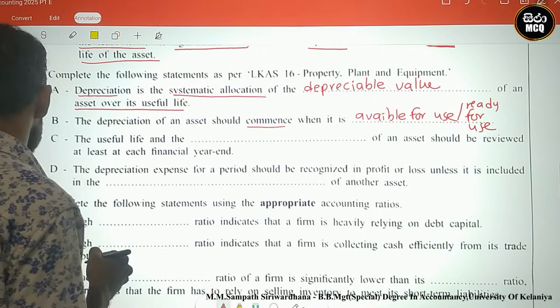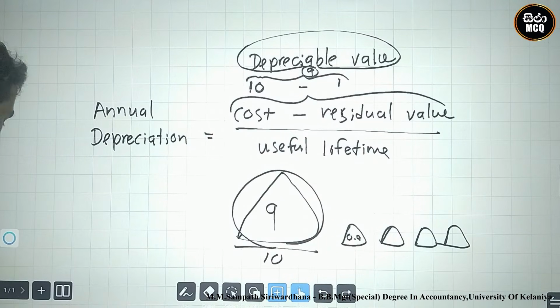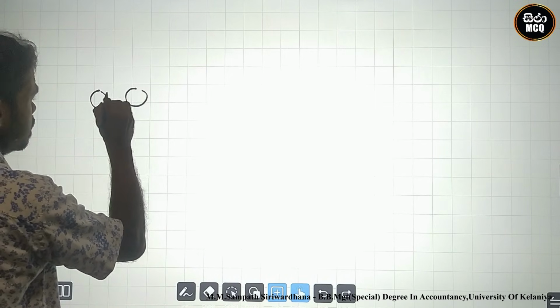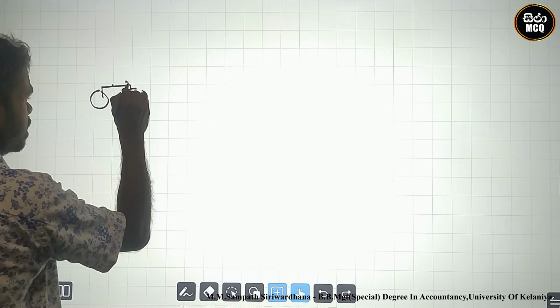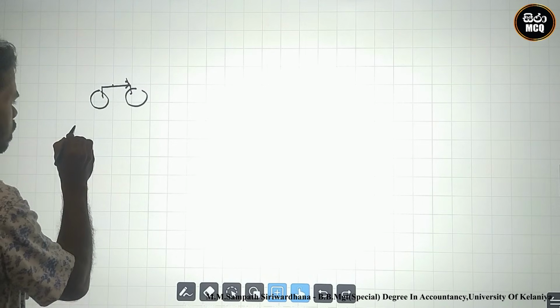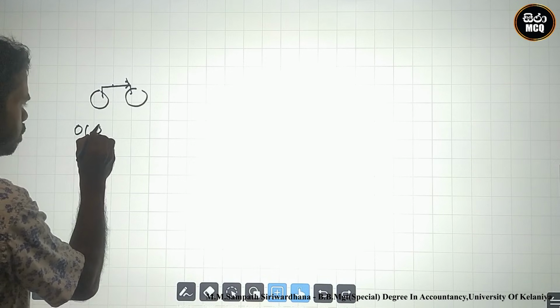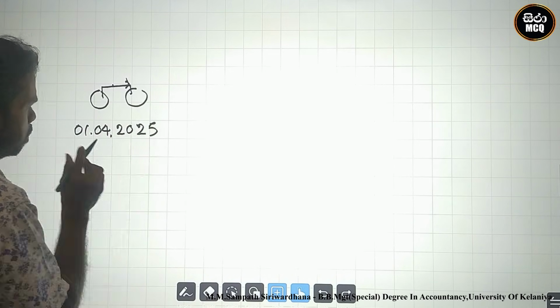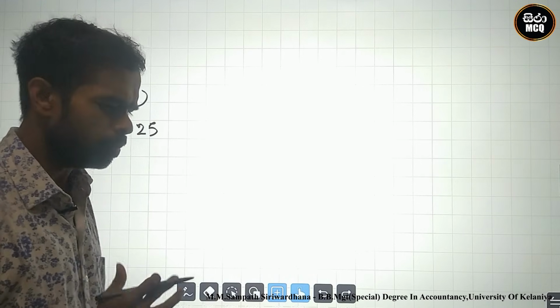Look at this example. I purchased a motorbike, an old version bike, on 1st April 2025. But I cannot depreciate it.